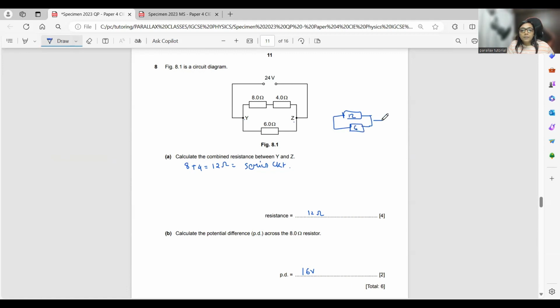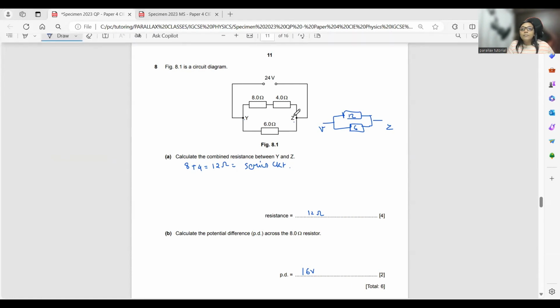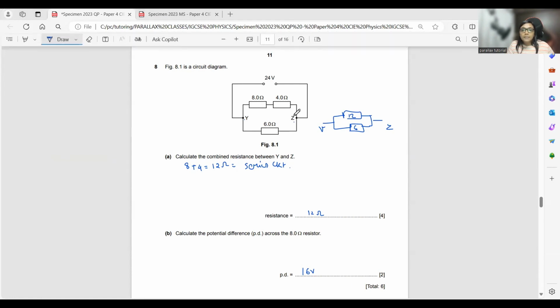That's fine. And this is your Y and Z, right? So the resistance across YZ is 12, right?